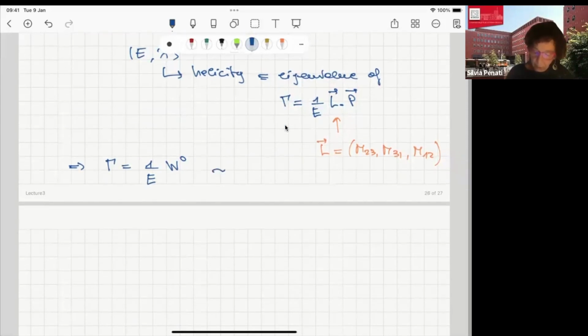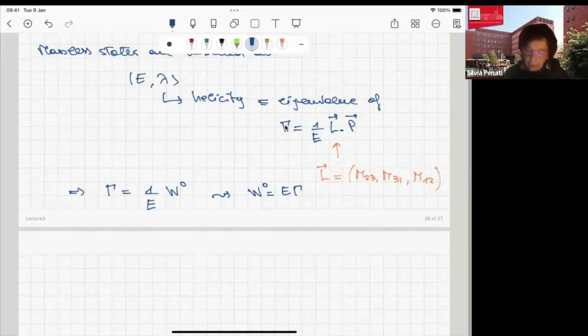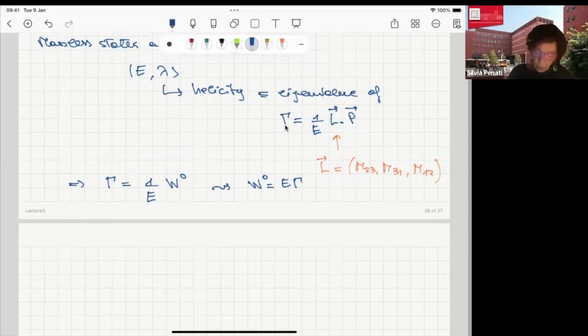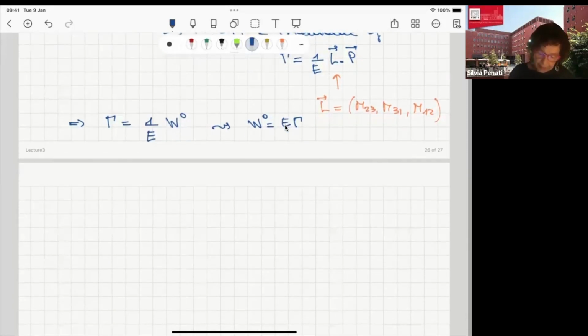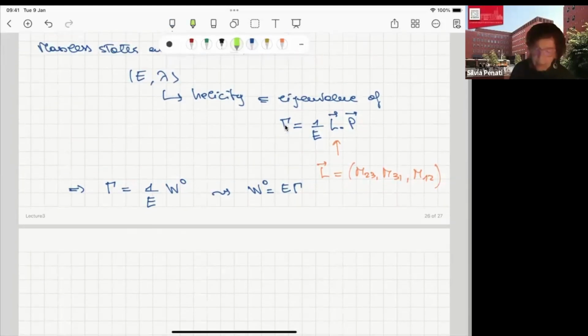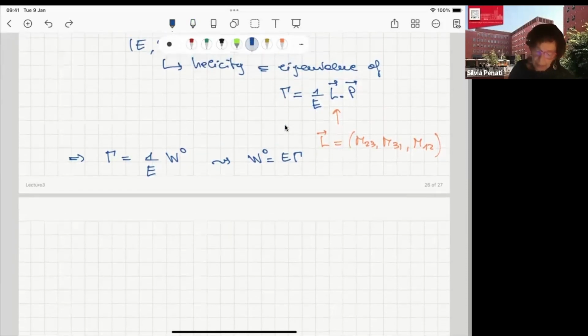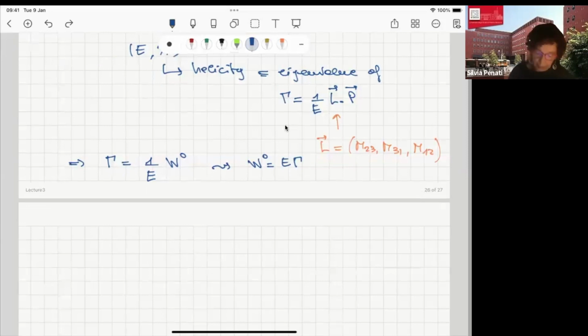Good. Therefore, you can even trade the helicity with the eigenvalues for W0. Okay, therefore, what I can say is that I will consider these E lambda states as eigenvectors for the energy operator plus the W0 operator.